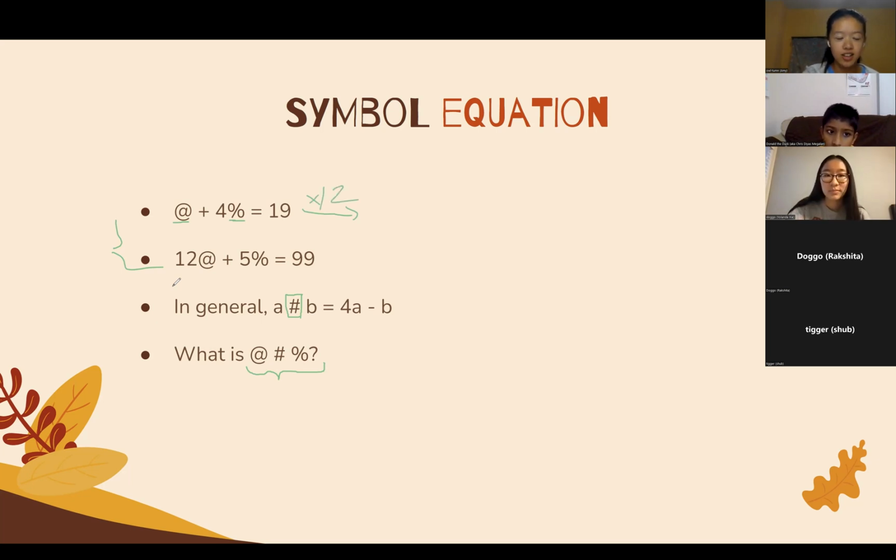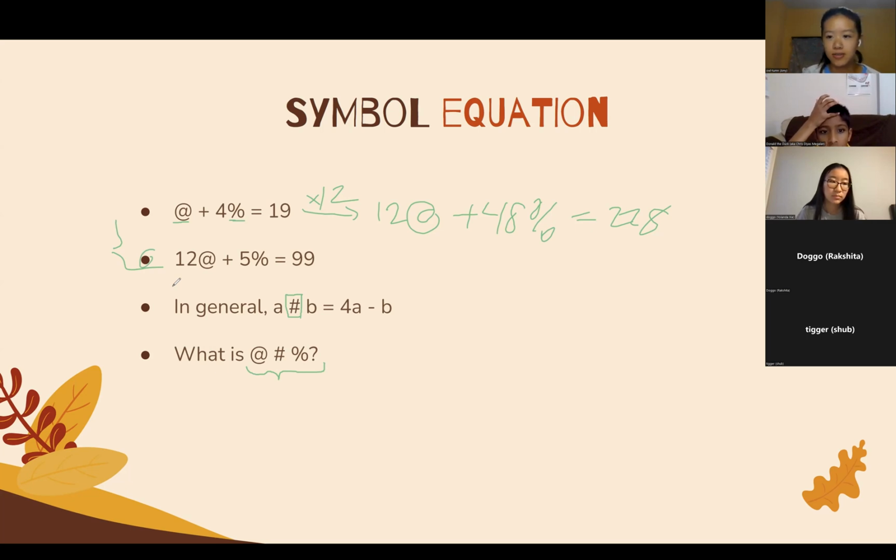I guess we can do that. So that would become 12 @ plus 48 times % equals, and then let's see what 19 times 12 is. 19 times 12 is 228. Cool. So now we're going to subtract the second equation from the first equation.